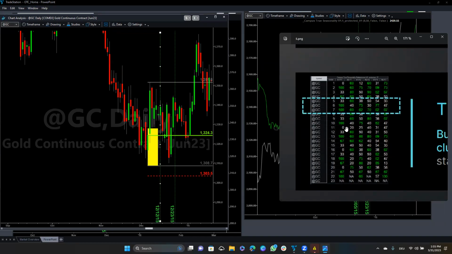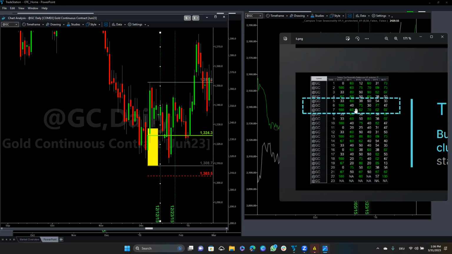But what you can expect is, if you check row number 2, row number 4, row number 6, and this is January next month, that showed us that we have a cluster of green candles. 1, 2, 3, 4, 5 days. 1, 2, 3, 4 days. 1, 2, 3 days.